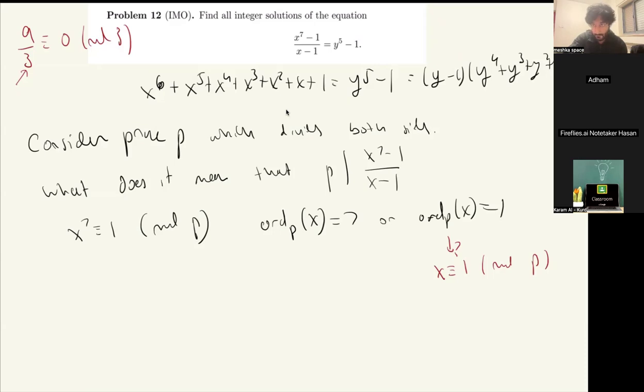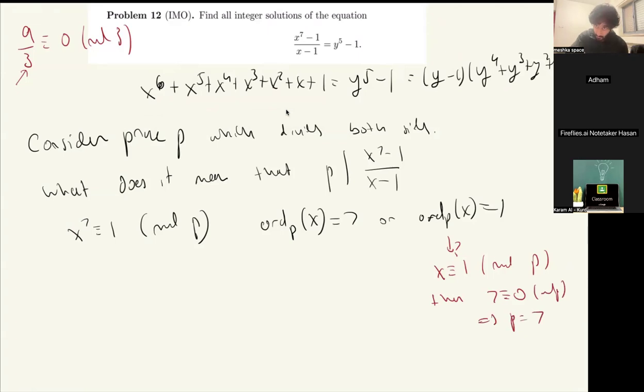And we have p divides this, so p must be 7. Yeah, exactly. So if this is true, then 7 is congruent to 0 mod p, and then p is 7.